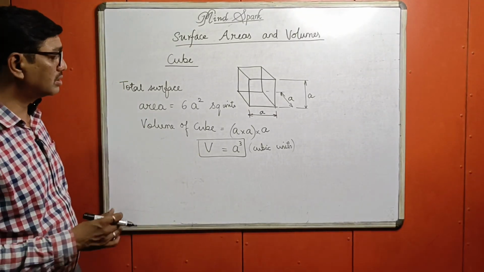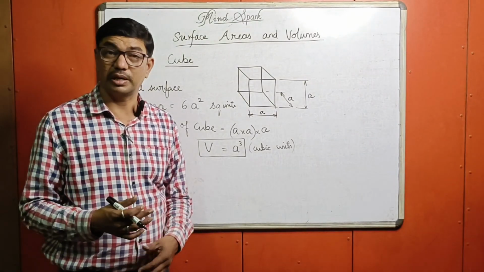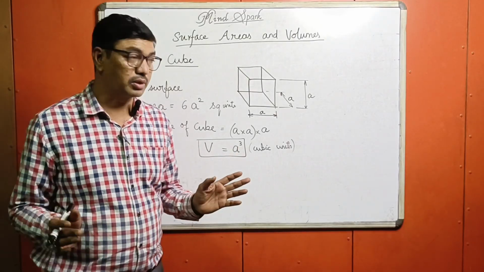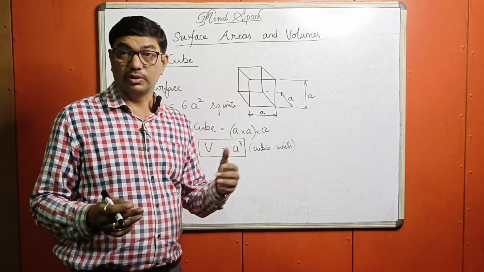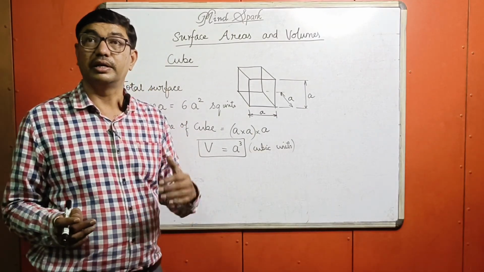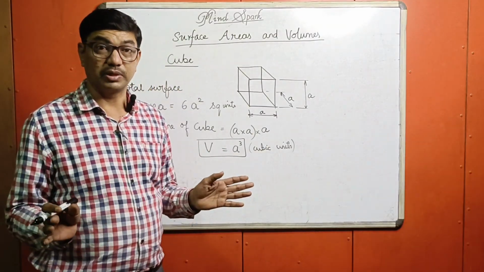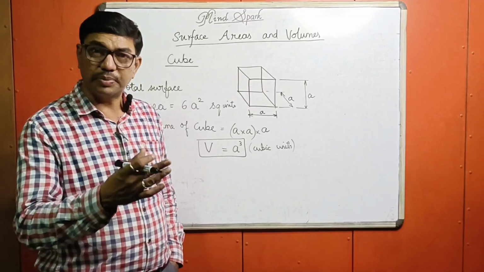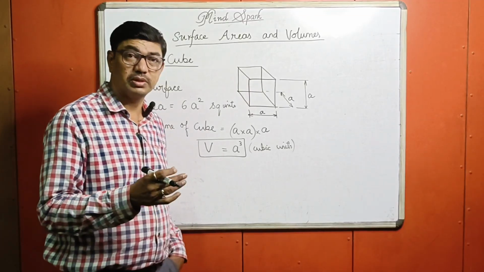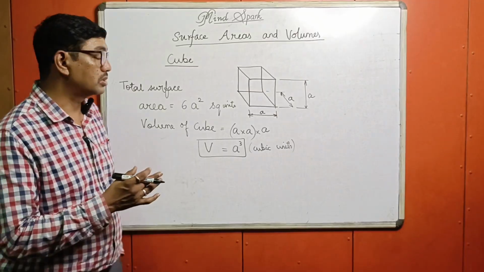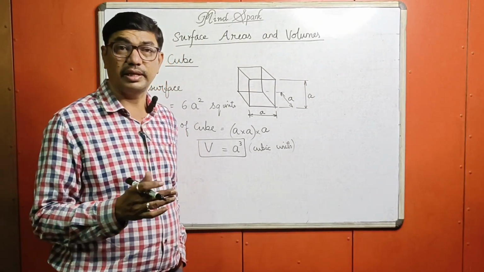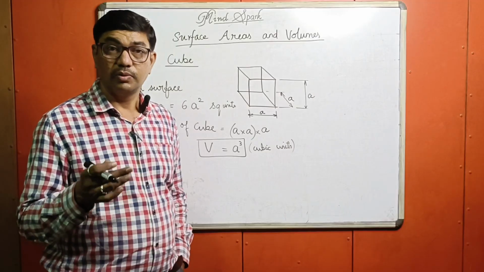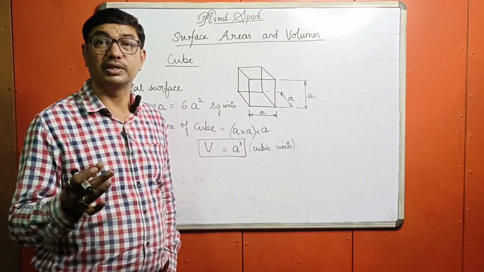Now based on this there will be many application problems, for example in a house. Four sides you whitewash, and top and bottom you don't whitewash. Then you take four sides, which means 4 into a square. When it comes to application problems, you have to use the formulas accordingly. Then how many square feet there are, and for one square feet this is the cost.